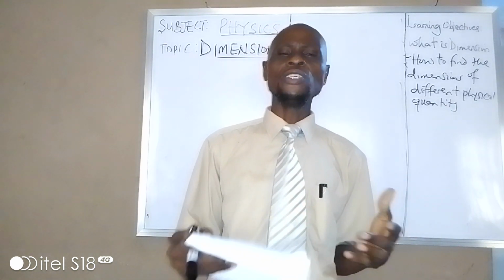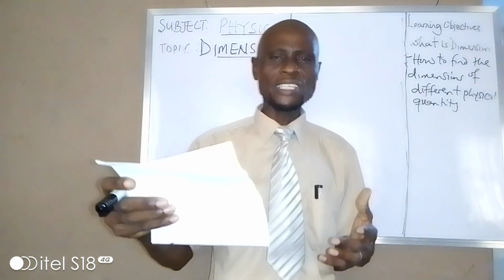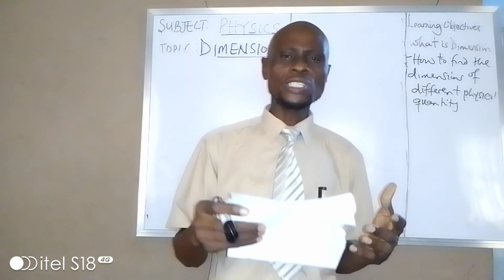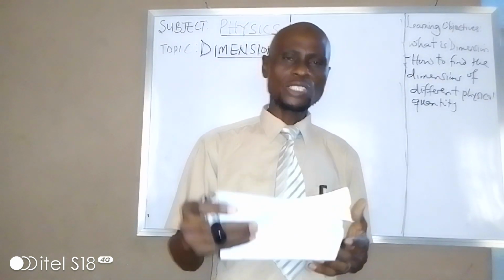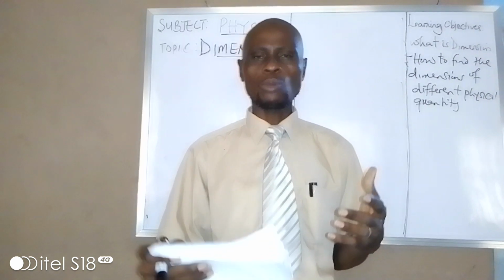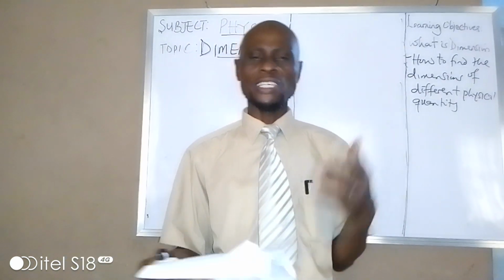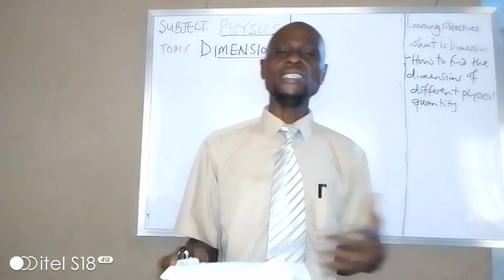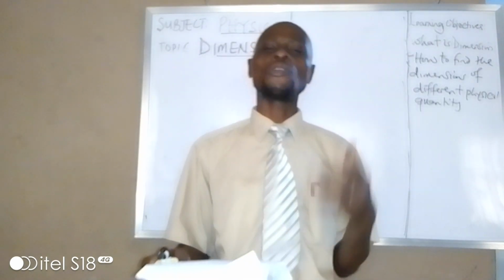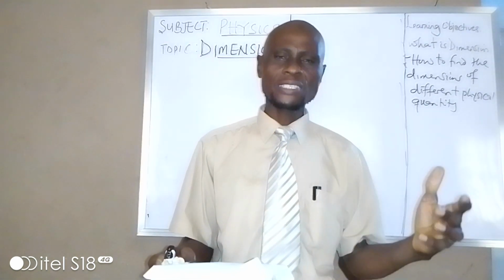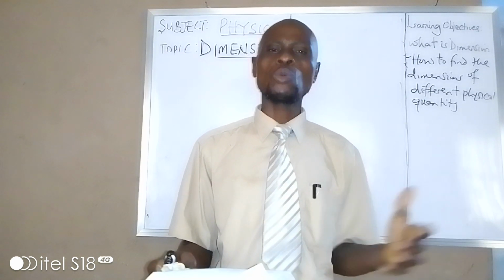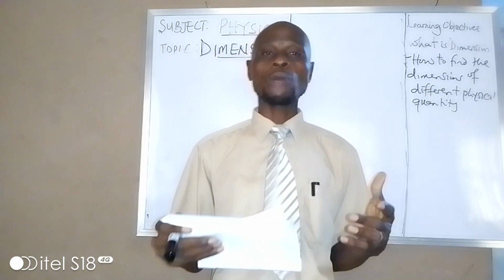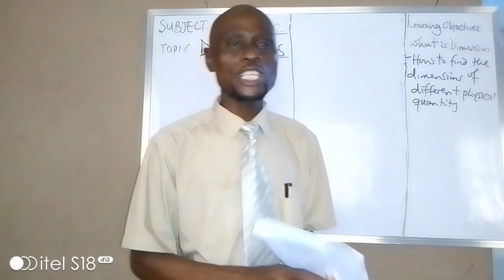Or in a simple way, it's just a way of relating your physical quantity with your fundamental quantity, in terms of length, mass and time. You relate them with your derived quantity. That's what we call dimension. So let's put it down.